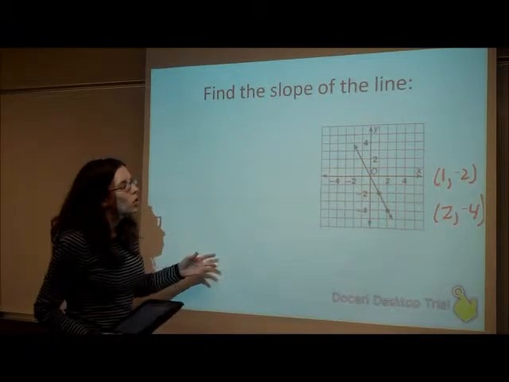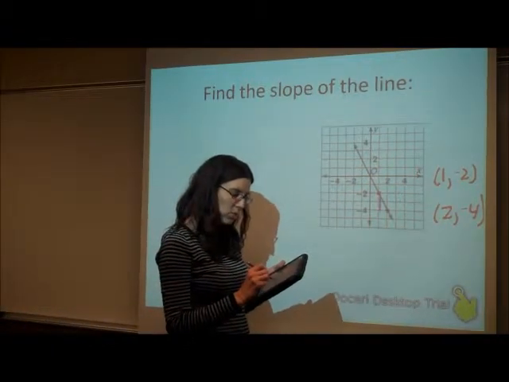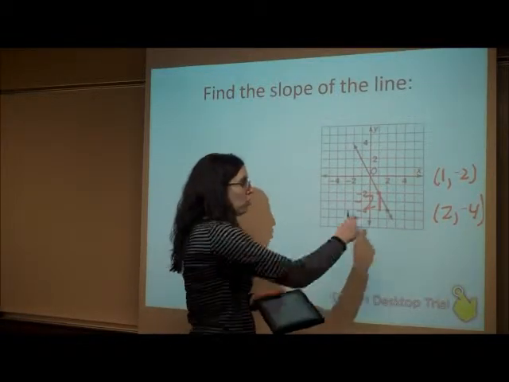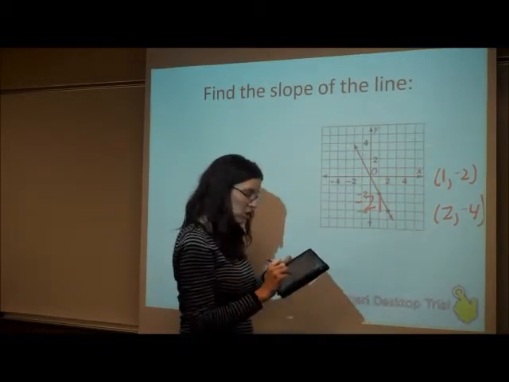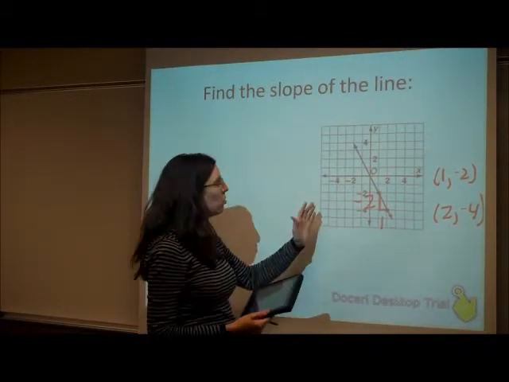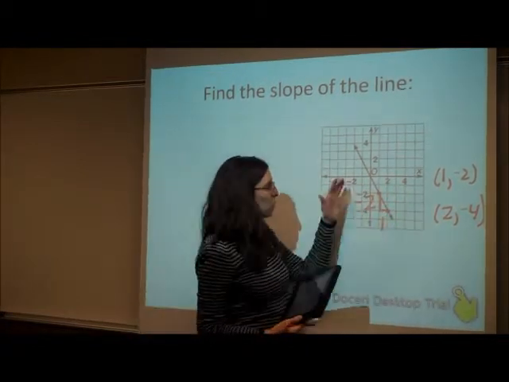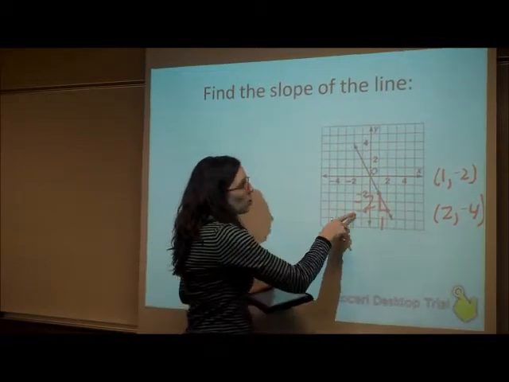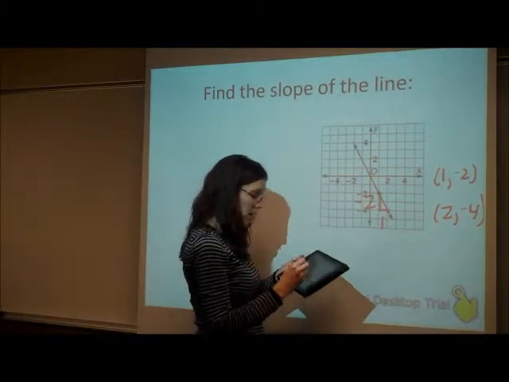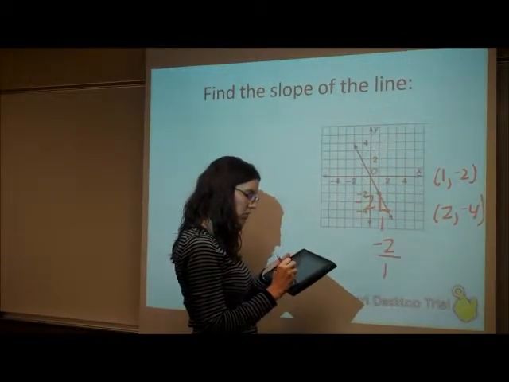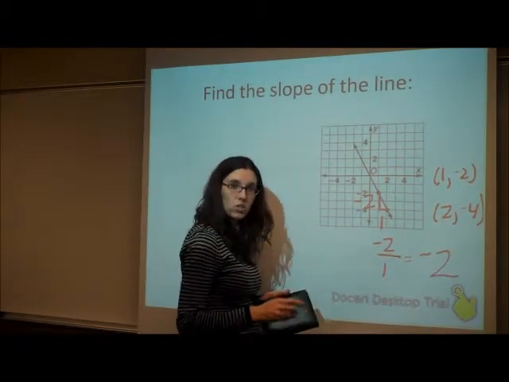So if you use the graph, we've gone down 2, okay, because going down in a graph is negative, but we've gone to the right 1. That again, we always want to go from the left point to the right, okay? Actually, you don't have to, but I always do because that's the way we read. So, -2 over 1, so the rise, our change in our y, our vertical distance was -2 over our run, so that simplifies to -2.